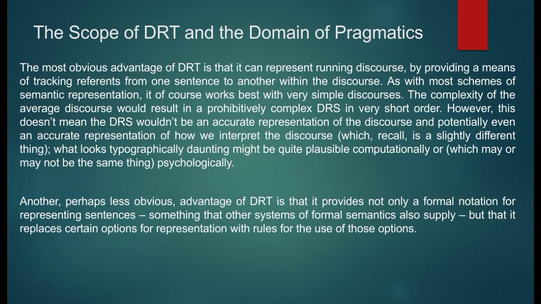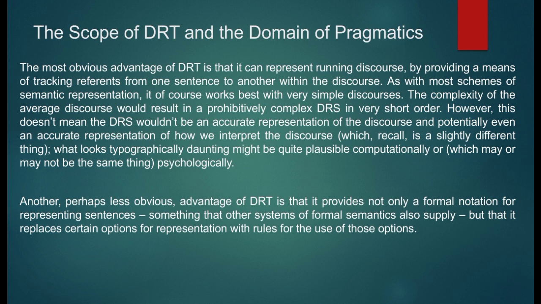The complexity of the average discourse would result in a prohibitively complex DRS in very short order. However, this doesn't mean the DRS wouldn't be an accurate representation of the discourse, and potentially even an accurate representation of how we interpret the discourse, which, recall, is a slightly different thing.